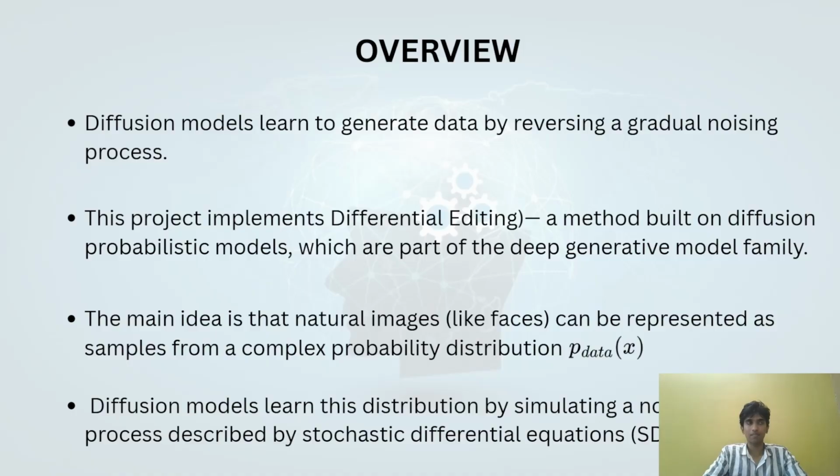The main difference between this and generative models is the fact that I have used noise in these diffusion models. They actually use noise, which generative models do not do. And how is this noise used? They are characterized using stochastic differential equations. I'll explain in brief what stochastic differential equations mean in upcoming slides. So now let's go right into the project.